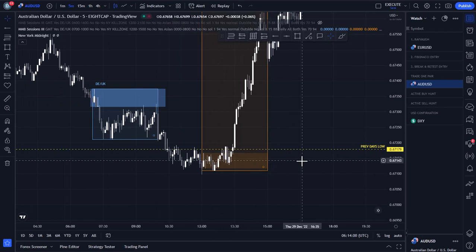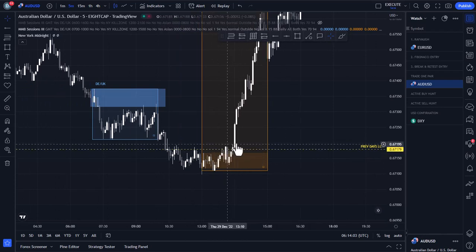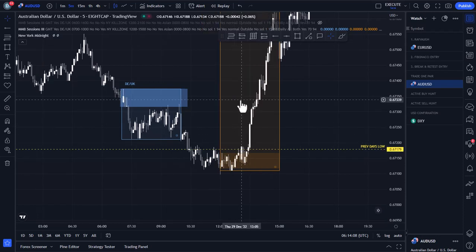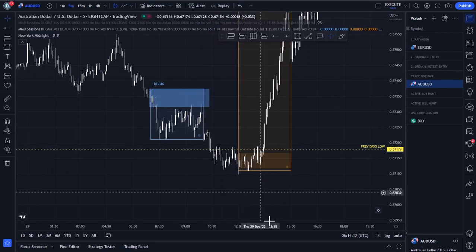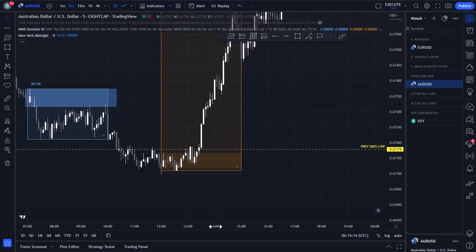Ideally what we are looking for is for price to close above the previous day's low and give us an entry to go higher, or come to the same previous day's low and show a willingness to go lower, and then we just join in the ride.